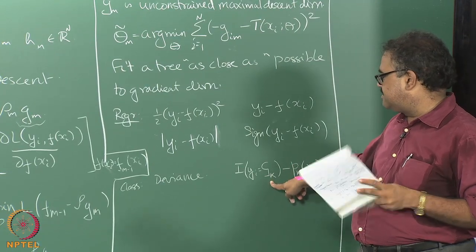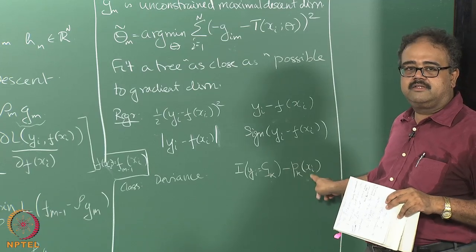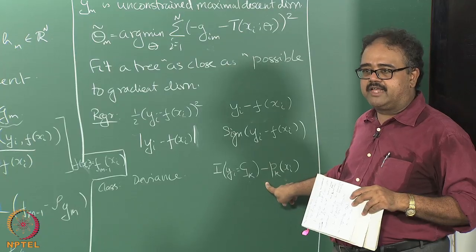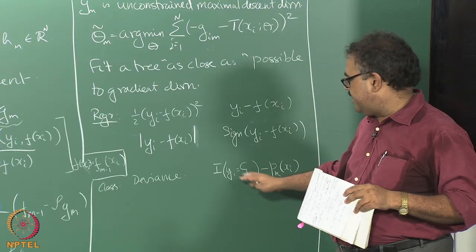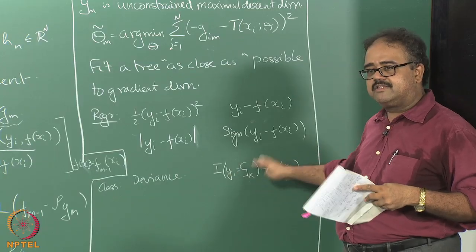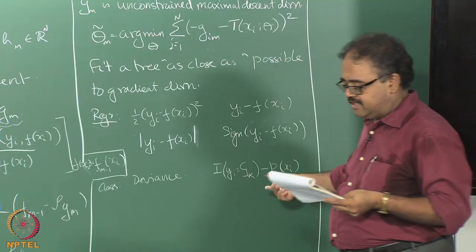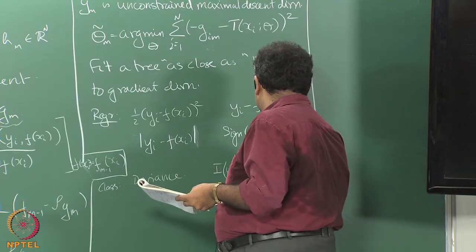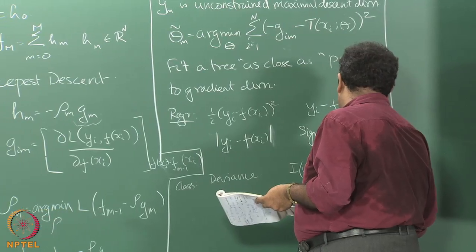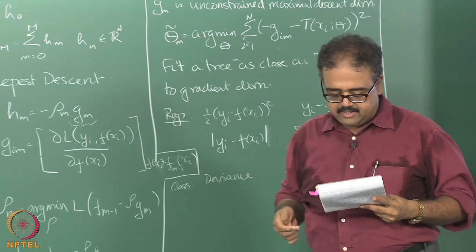If the ith class is gk, then it will be 1 minus the probability of data point xi belonging to class k. So it will be 1 minus that, and if the actual class is not k, then it will be minus the probability of xi belonging to class k. Okay, so this is like the kth component of my gi.